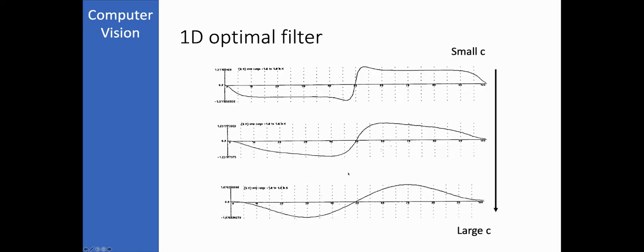If I look at the result of that optimization for different c's, I can get an idea of what's happening. For small c, comparing to the box filter, I see that this looks like the difference of box filter that I've seen before, the matched filter, but it's somehow smoothed out. If I increase the c, I see that it's smoothed out even further, and if I use a large c, I see that it's very smooth.